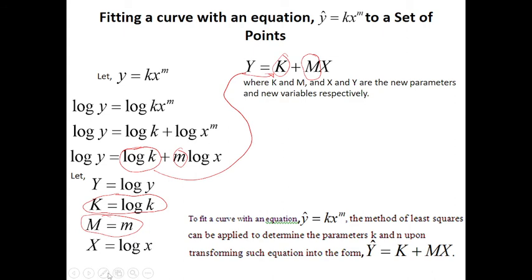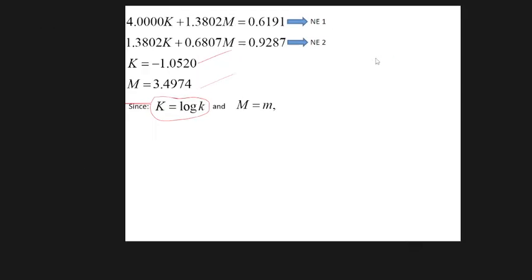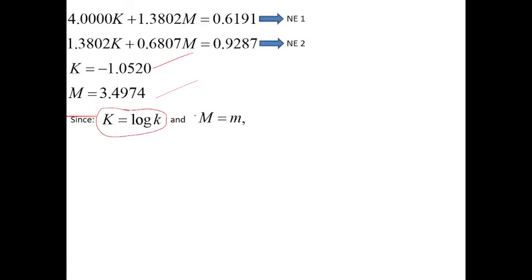So, with that, we can proceed with the next step. So, K equals log k. Then we can express lowercase k in terms of uppercase K. No? So, K equals log k.